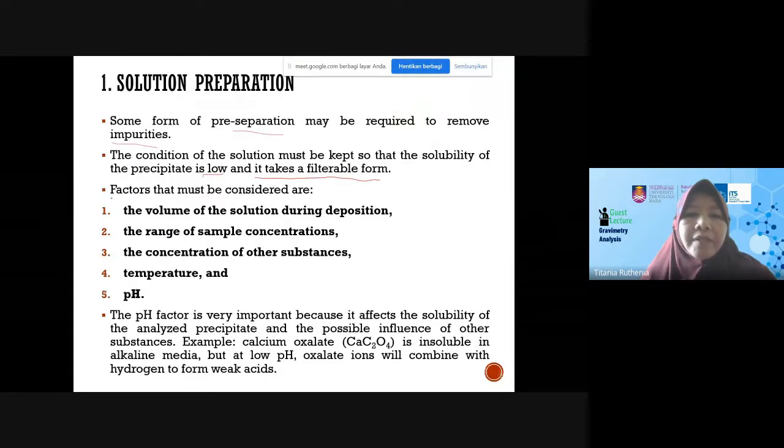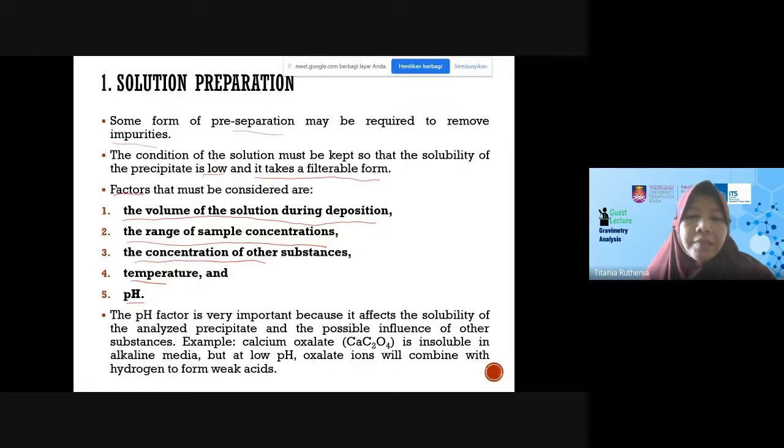So some factors that we must consider. The first one is the volume of the solution during deposition, and then the range of the concentration of the precipitating agent, and the concentration of other substances, temperature, and also the pH.